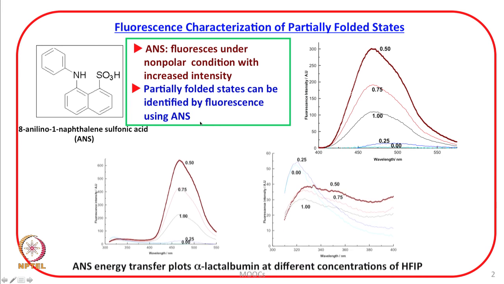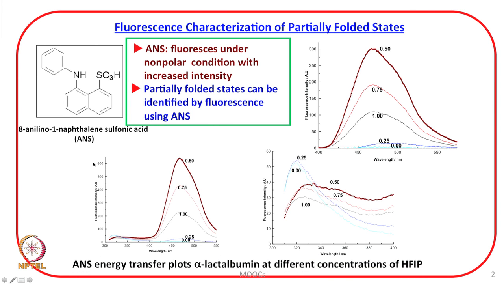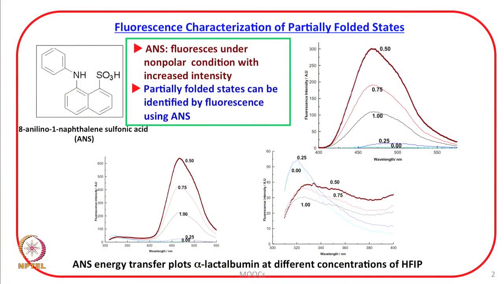So, not only that, the ANS energy transfer, because if the emission wavelength at which the emission is observed overlaps with the absorbance, the energy transfer from some amino acid residues to ANS, if there is an overlap between the emission wavelength and the absorbance wavelength, the energy transfer can give information also about the conformation of a protein.